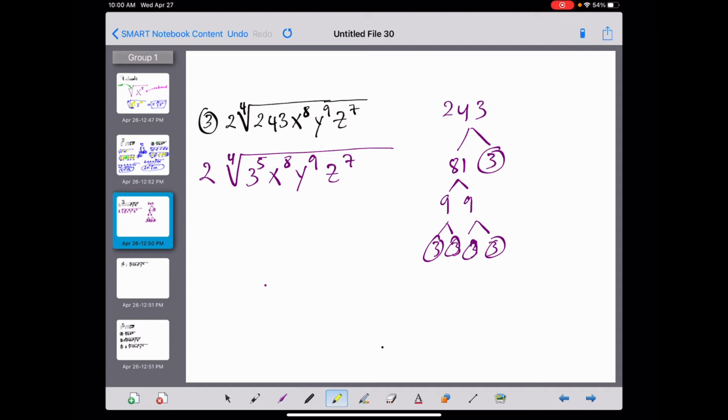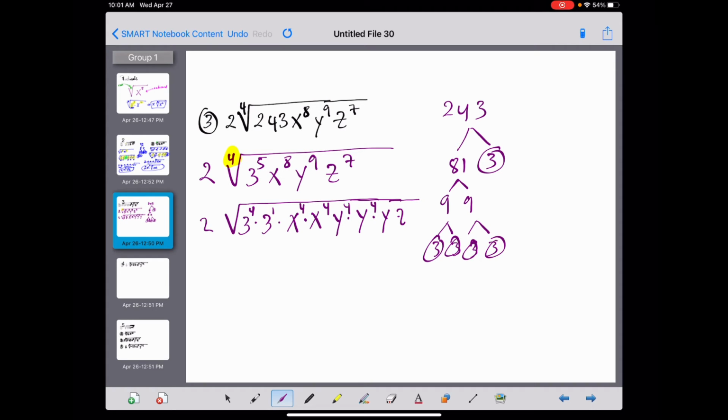So now we're working with the 4th root, meaning we're going to break everything inside. All the radicand needs to be to the 4th power if there is enough power, okay? So 3 to the 5th could be 3 to the 4th, 3 to the 1st, x to the 4th, x to the 4th, y to the 4th, y to the 4th, and y.